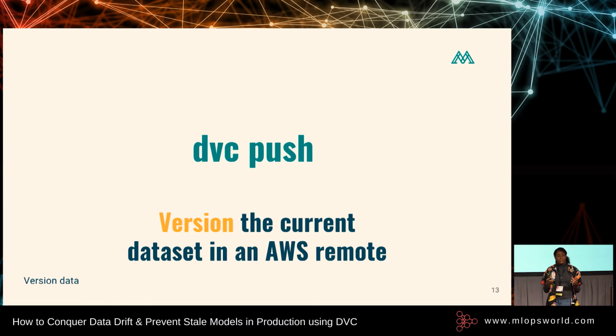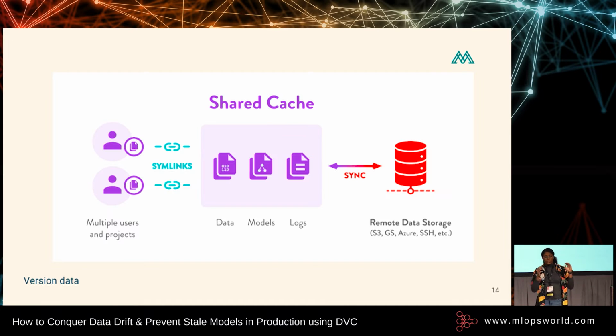You can use DVC push to take the data from your local environment or wherever you're training. It's stored in the cache so that as you're deciding what to do with this data, whether you want to keep it or not, it still has that local version for you.